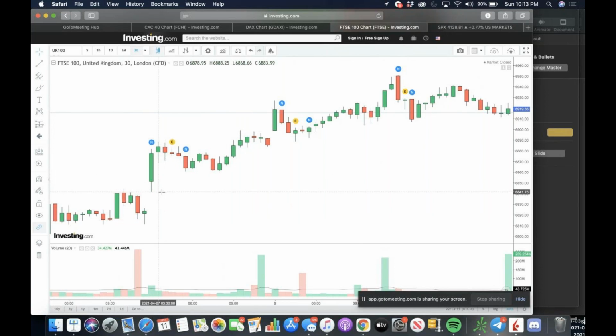Opens from where? 68.51, right? Goes as low as 68.41, closes at 68.77. Bullish or bearish? Goes as high as 81 and then closes at 77.